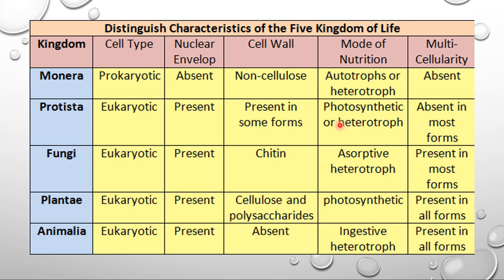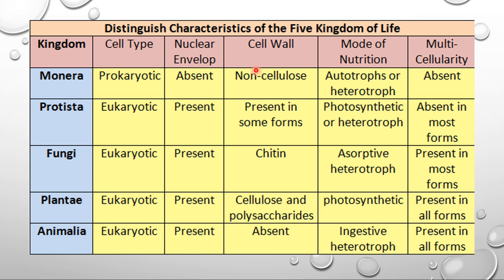Okay students, now we are going to study the distinguishing characteristics of the five kingdom classification system. On what basis are all five classified? Depending on the cell type, whether the nuclear envelope is present or absent, whether the cell wall is present, and what type of cell wall is present, either cellulose or chitin.